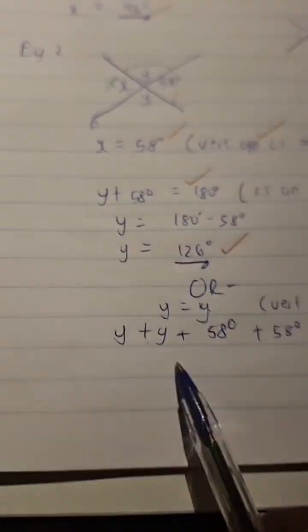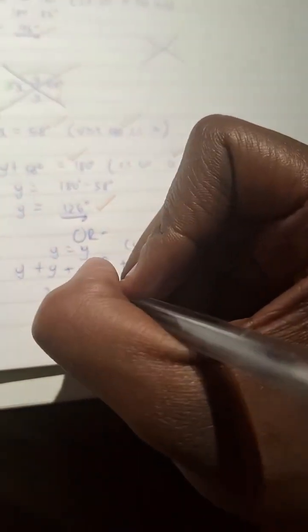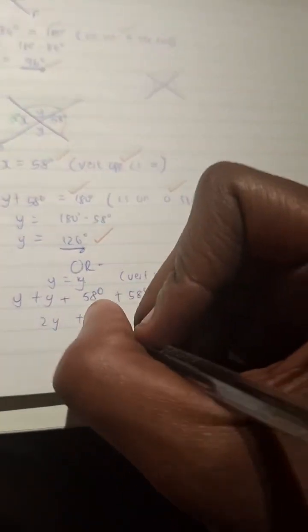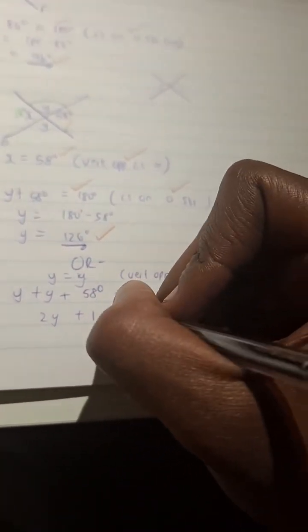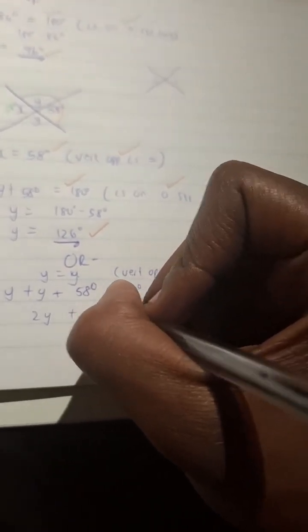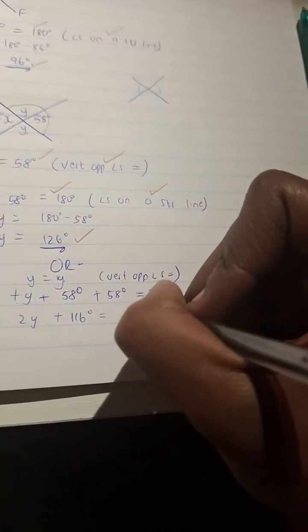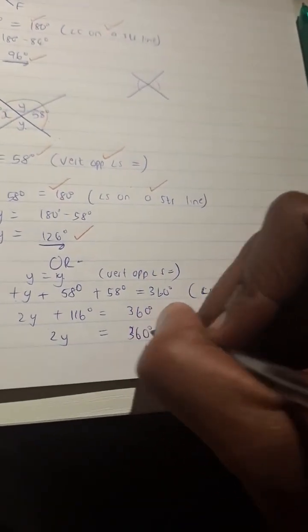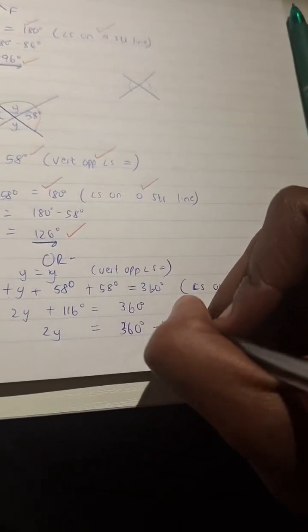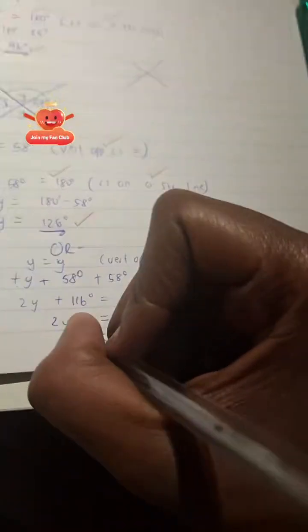Then we can solve. 2y, 58 plus 58, of course, is 116. So 2y is equal to 360 minus 116 degrees.